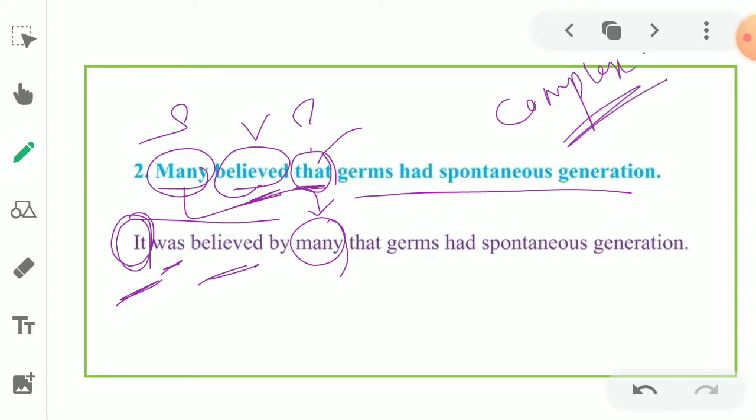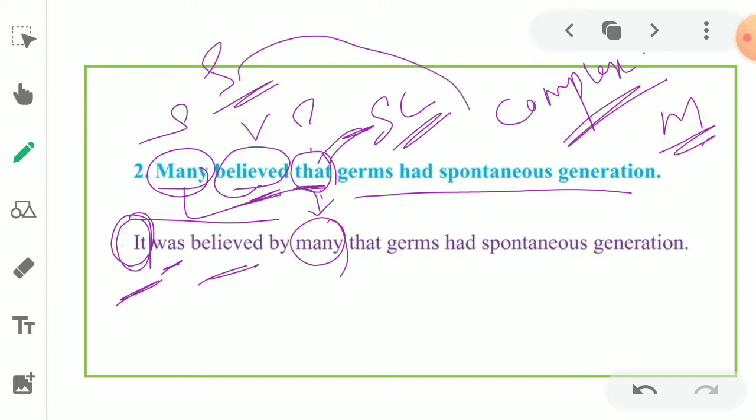Complex, because a subordinating conjunction is used to combine two clauses, one main and another subordinate. The conjunction that is a subordinating conjunction used to combine the subordinate clause and the main clause together.